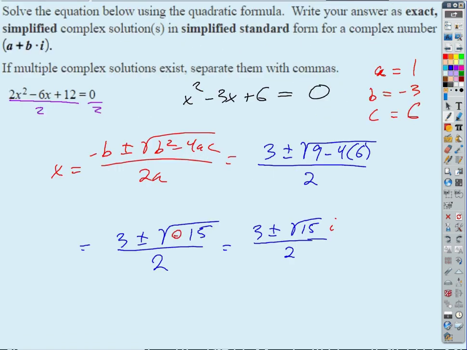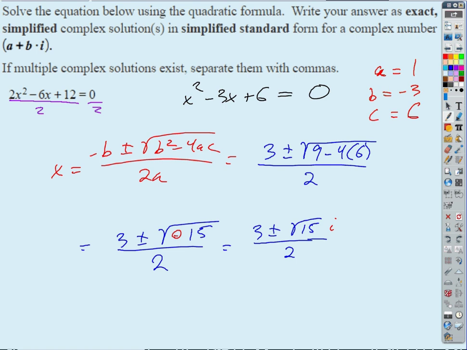Notice that in the instructions it says to write your answer as exact, simplified, complex solutions. It might be that they're real, where b could be 0, in which case they're just regular numbers, like the last two examples. But if we get i's, we want to write them in standard form for a complex number: real part plus imaginary part times i.